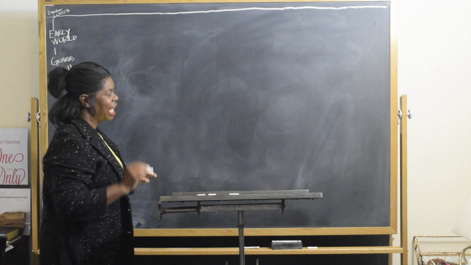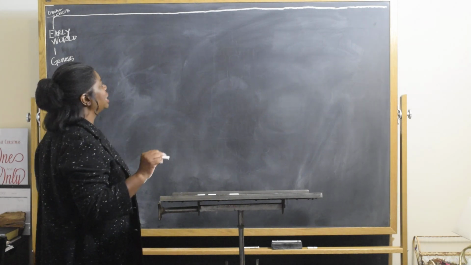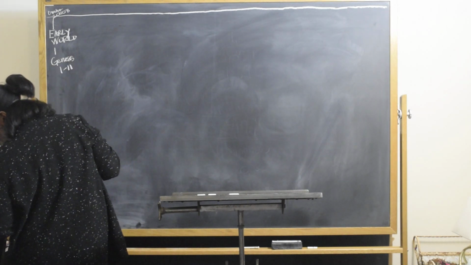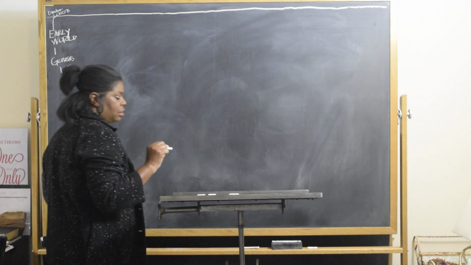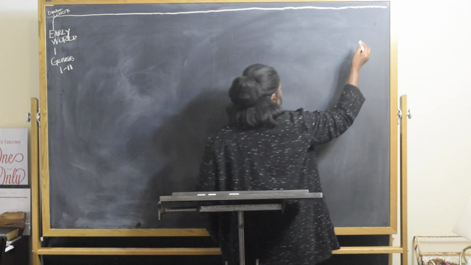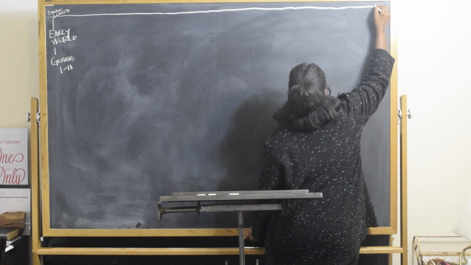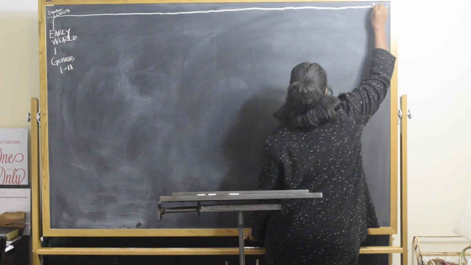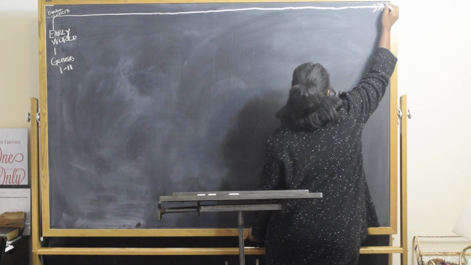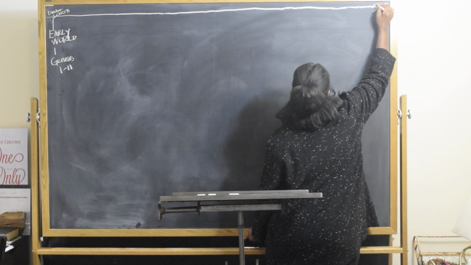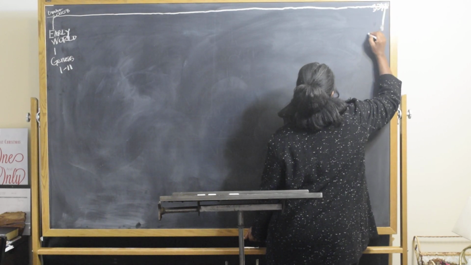So lastly, at the end of the timeline, we have the establishment of the church in the book of Acts. And so that is going to be the church. We're going to put it down here at the end of the timeline. 33 AD. That's kind of messy. You can't really see that. 33 AD. The church.